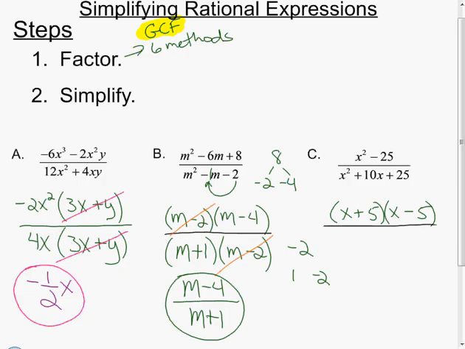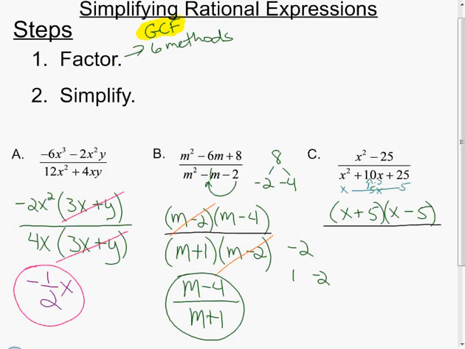So continuing on to the bottom, I see that it does not have a greatest common factor. It's not a difference of squares, but I do in fact notice that it might be a perfect square trinomial because the square roots of x squared and 25 are x and 5. Their product is 5x.